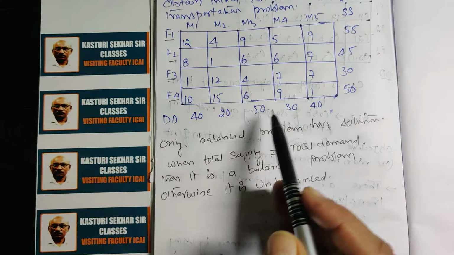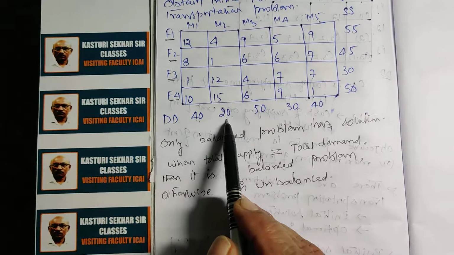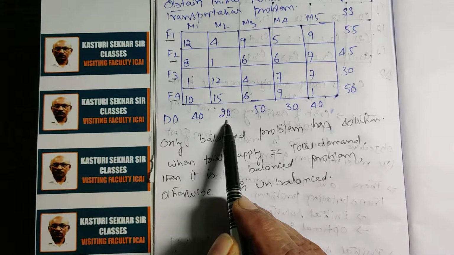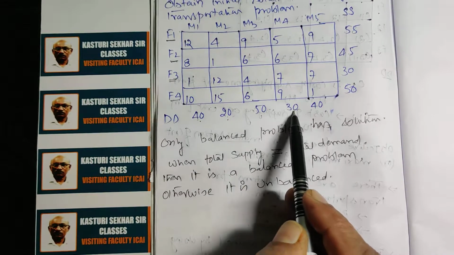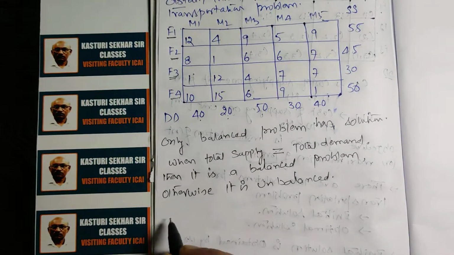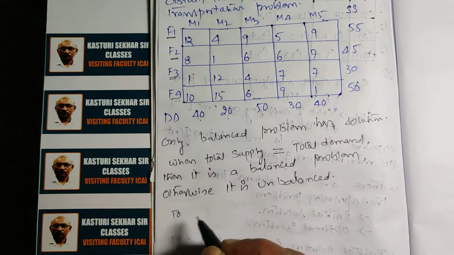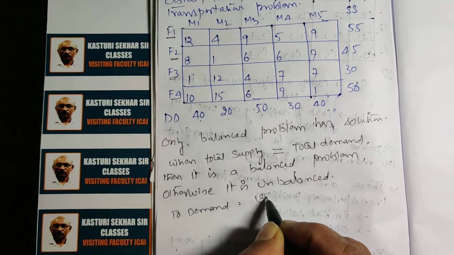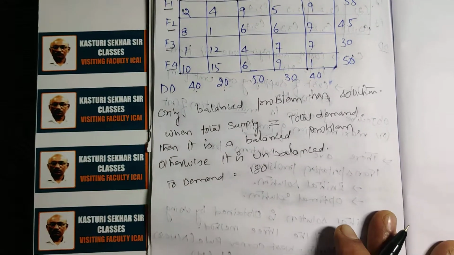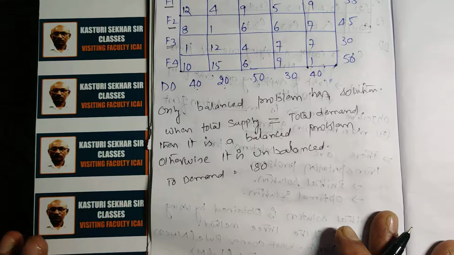Let us see the demand here, sir. 40 plus 20, 60 plus 50, 110, 140, 180. Total demand is equal to 180 units.